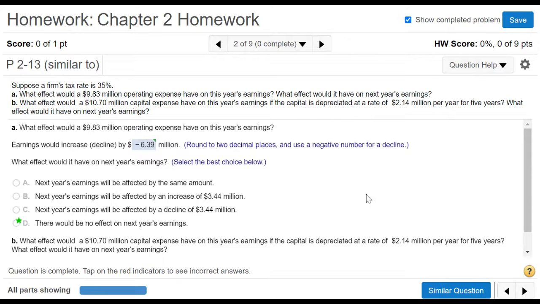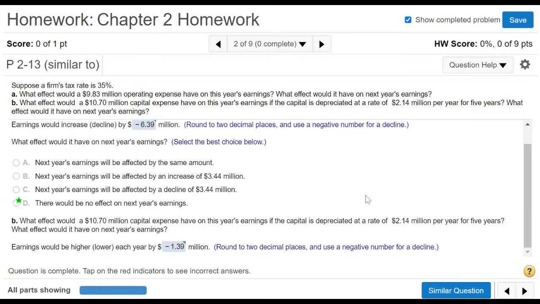The second part is also going to be a negative answer. 2.14 times 1 minus 0.35. 2.14 times 0.65. And that's going to be negative 1.39. They're giving you the number here, and they're giving you the number here. Don't try to calculate the number.